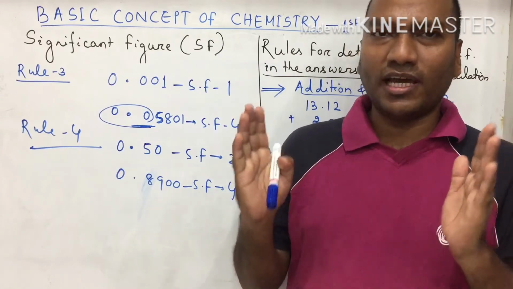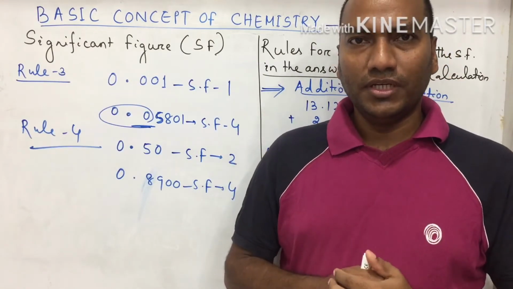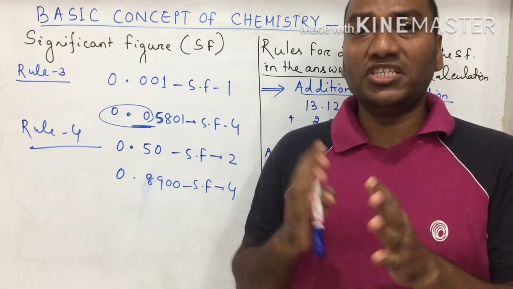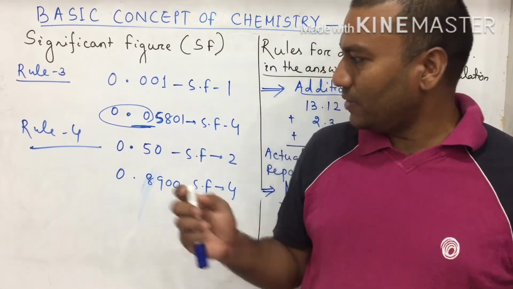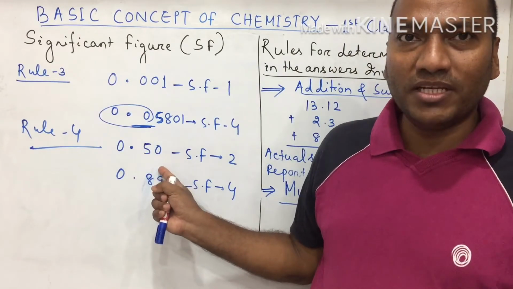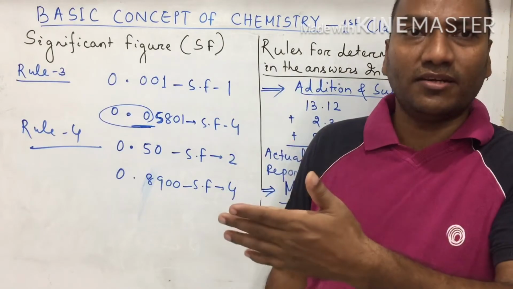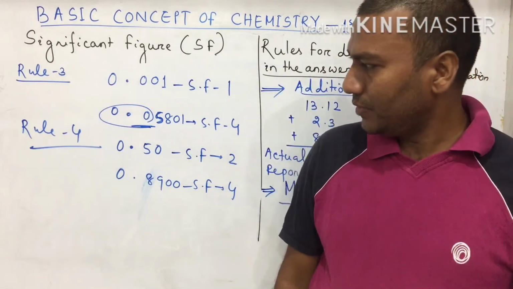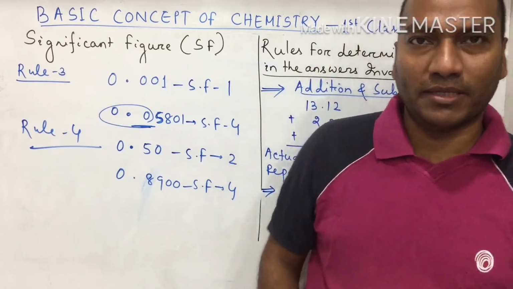If it is a 16-digit calculator, 16 digits will come. So 0.50 means maybe after some 0 or 80, 90, 10, then some digit will come. But 0.5 means this is exact 0.5.